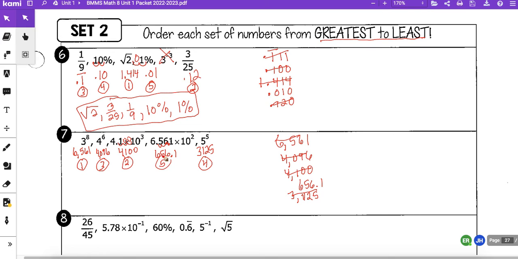Now remember, when I write my final answer, I'm going to list the original, so 3 to the 8th power, followed by 4 and 1/10 times 10 to the 3rd, followed by 4 to the 6th, followed by 5 to the 5th, and then finally 6 and 561 thousandths times 10 to the 2nd.